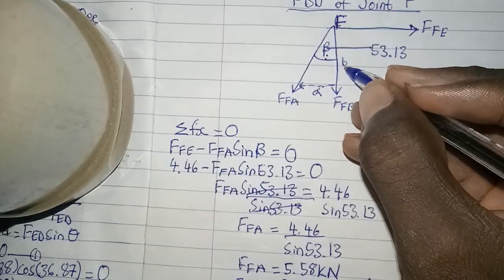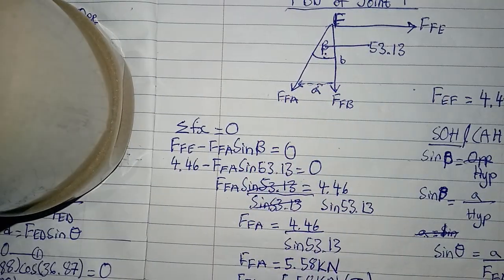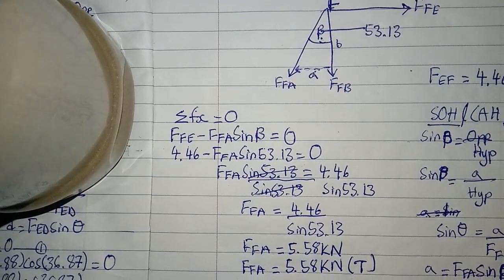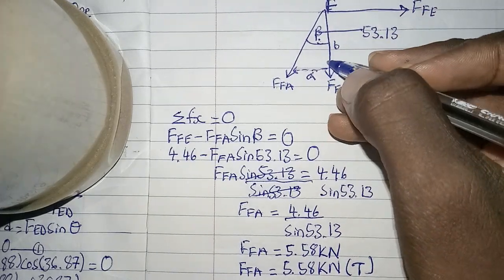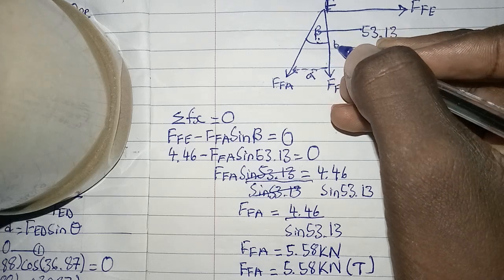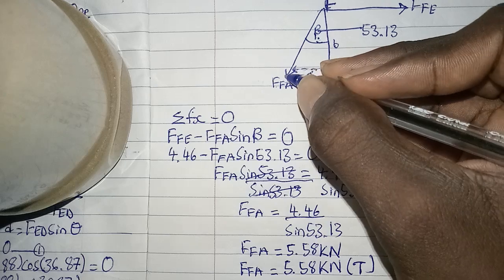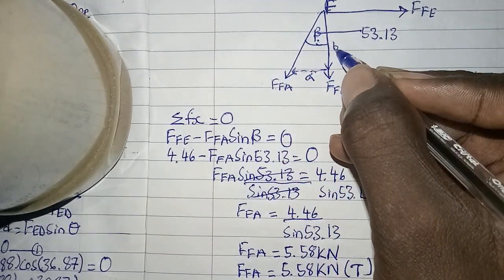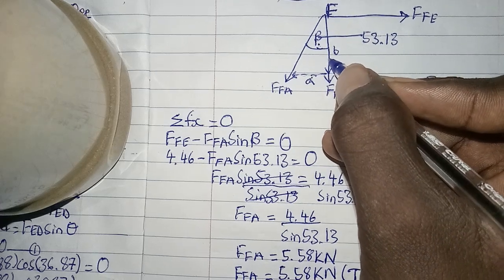And we have this one too. For every inclined force, it has both a horizontal component and a vertical component. So we are going to take the vertical component, which will be B, from here to here, and we are going to take the adjacent and hypotenuse.